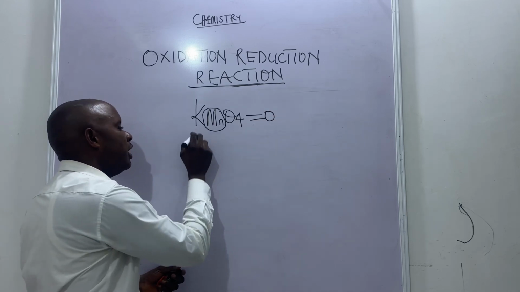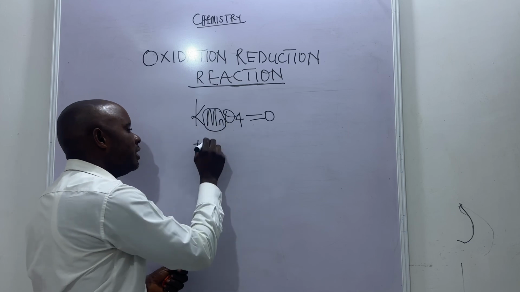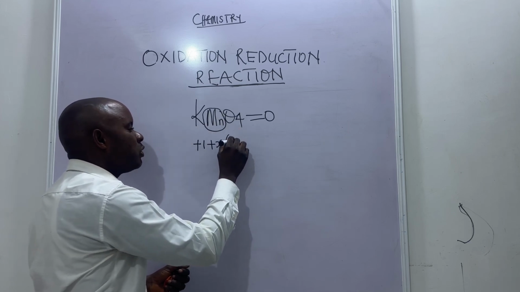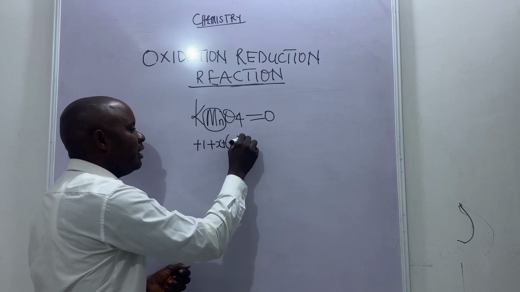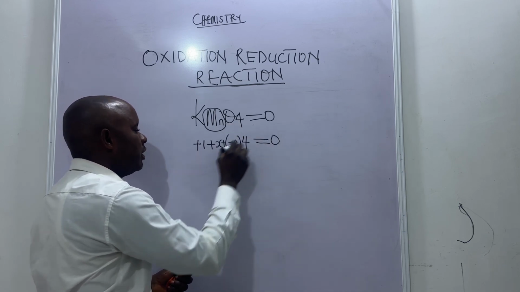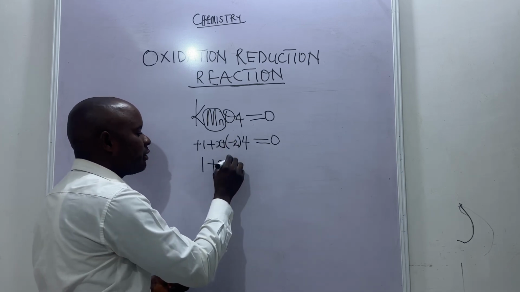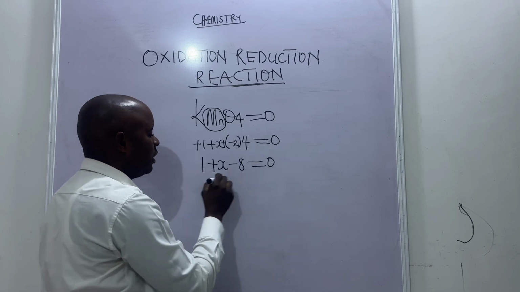The oxidation state of potassium is +1. We are looking for this manganese. Let's take it to be S. Oxygen is -2, and it occurred 4 times. We're going to equate it to 0. That is 1 plus S, -2 times 4 is -8, is equals to 0.